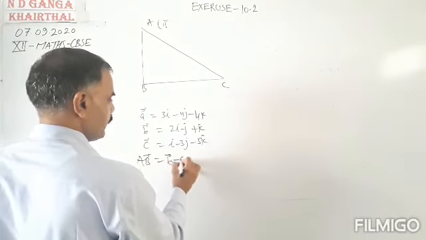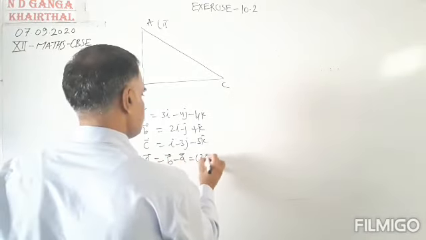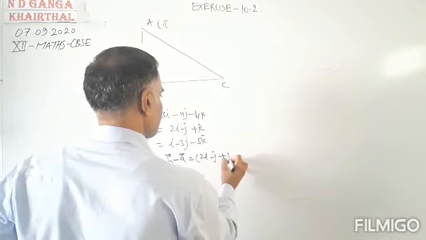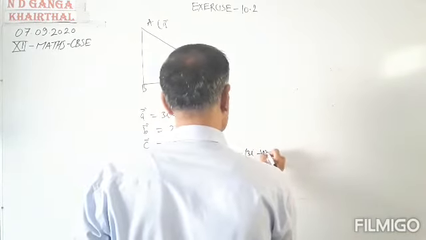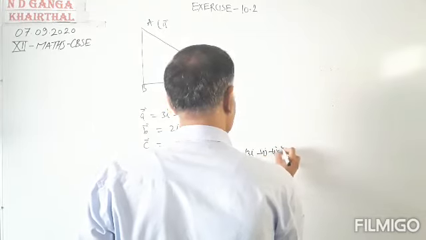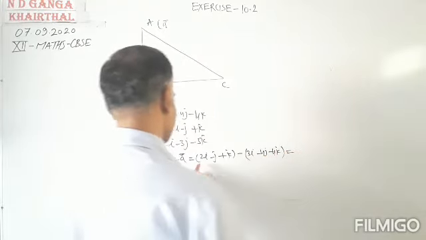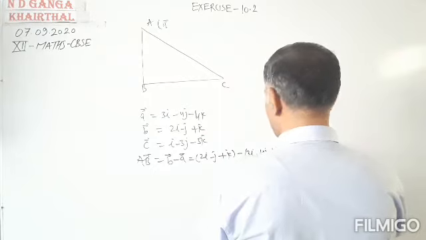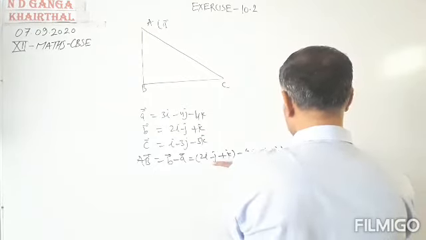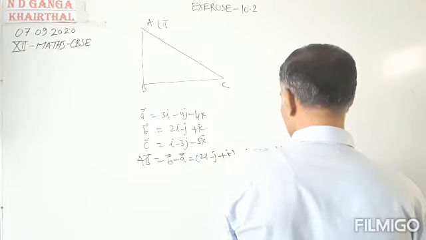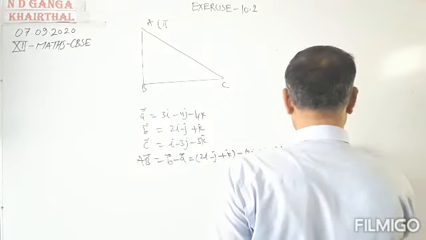So AB vector equals B vector minus A vector, meaning 2i cap minus j cap plus k cap minus A vector, that is 3i cap minus 4j cap minus 4k cap. After solving this we will have 2i minus 3i, minus i cap, minus j plus 4j means plus 3j, and plus k plus 4k, that is plus 5k.